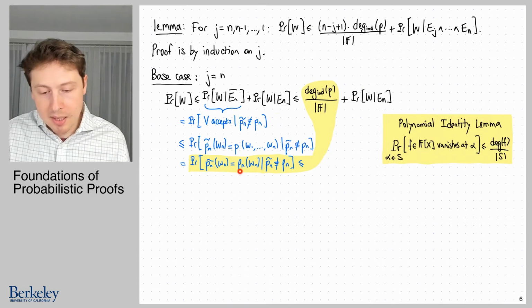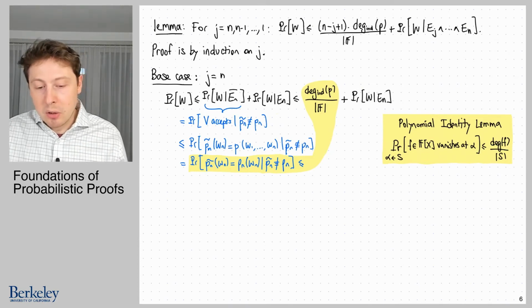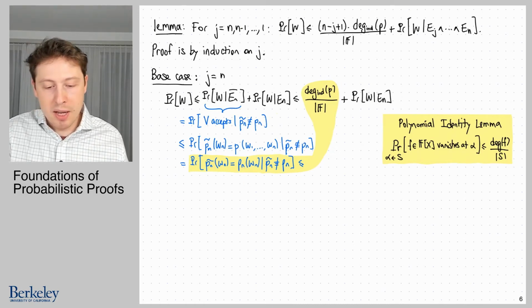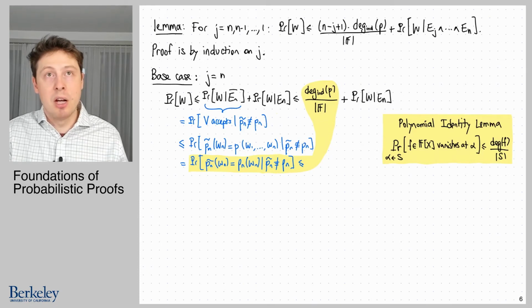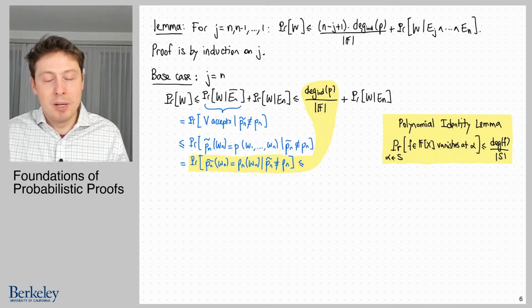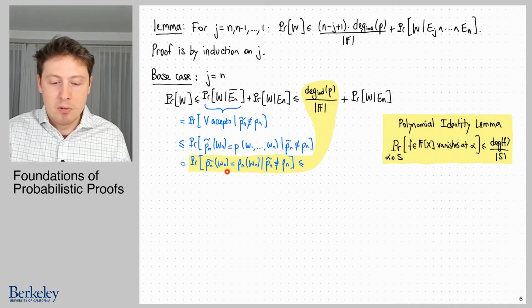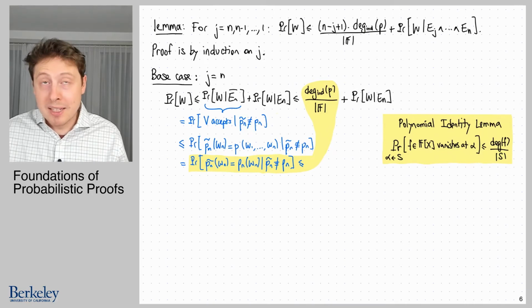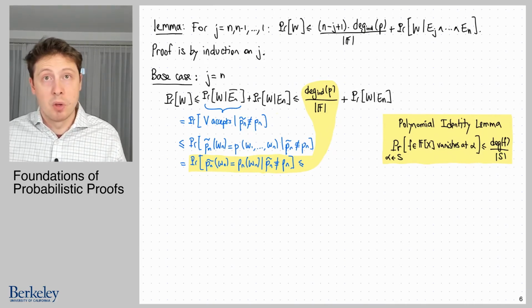In this case, we're looking at the equality between two polynomials, but it's the same thing, right? I can just move this to the other side, and I'm asking, when does the difference of these two polynomials vanish at omega n, okay? Well, that's bounded by the degree of the difference, which is at most the maximum degree of either polynomial, and really that's the individual degree of P, okay?